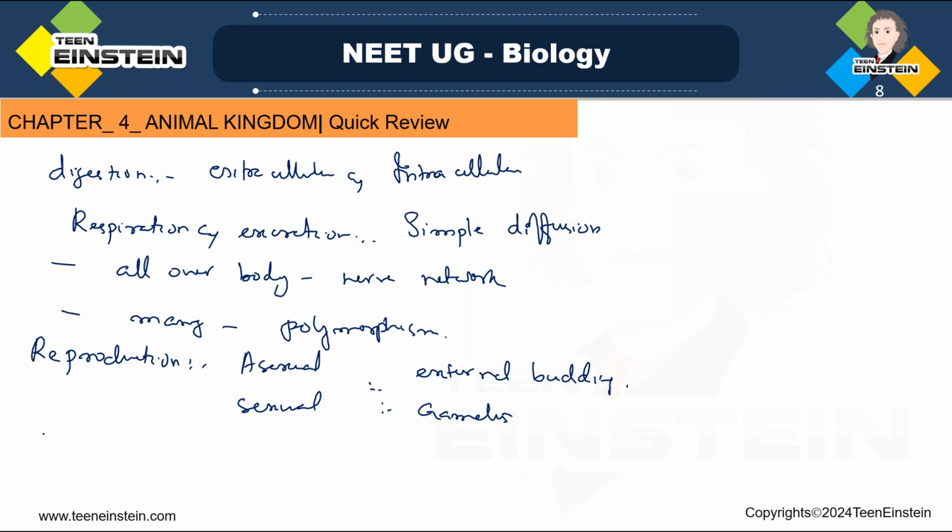Then another important point we need to say is metagenesis. Metagenesis in Coelenterata means the alternation of two phases. What is that? That means polypoid and medusoid phase.